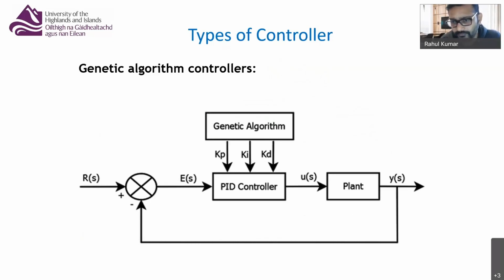So this is a block diagram where we are using the genetic algorithm to find the value of Kp, Ki and Kd and then send it to your PID controller, right?